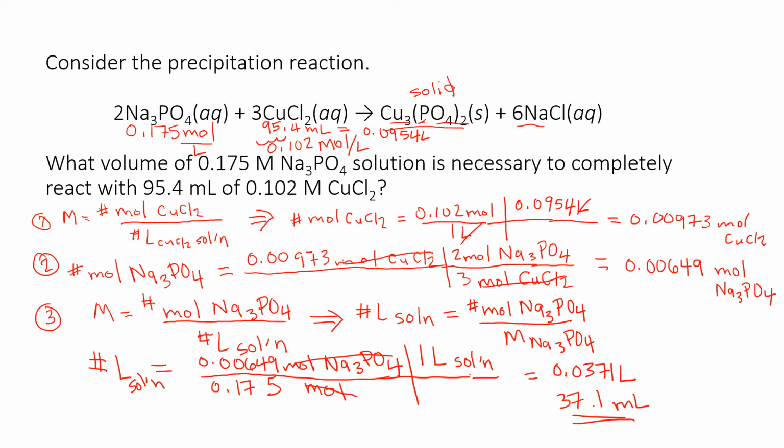And then once we have the moles of sodium phosphate, we simply divide that number of moles by the molarity of the sodium phosphate solution, and that will give us the volume of the solution in liters that would be necessary to completely react with the copper 2 chloride solution.